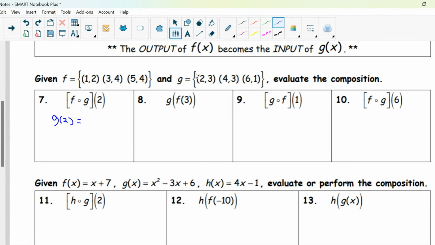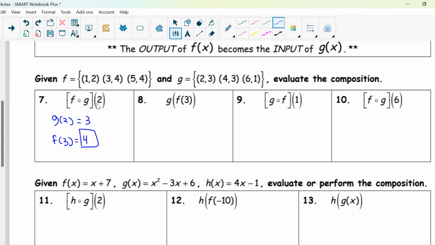So when 2 is my input value, I get 3 as my output. Now that output 3 becomes the input for f of x. So f of 3 will give me 4, which is my final answer in this case.